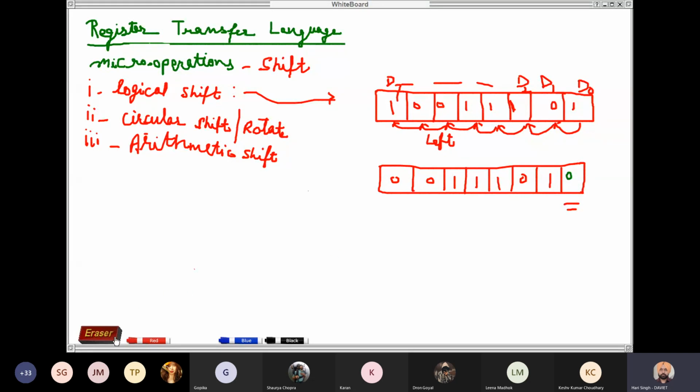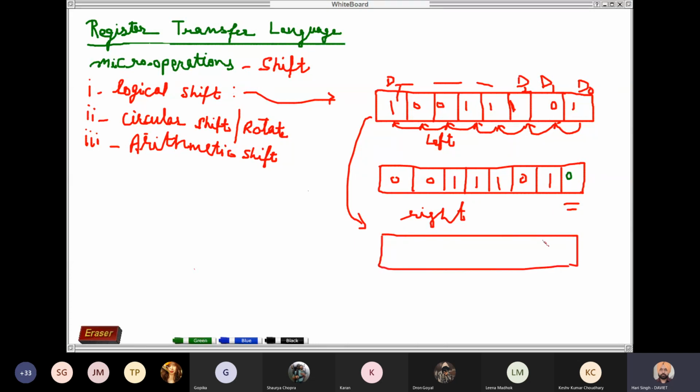Say on the same data, if we apply the logical shift right operation, then the contents will be as follows. D7 will be shifted to D6, D6 will be shifted to D5 and so on.